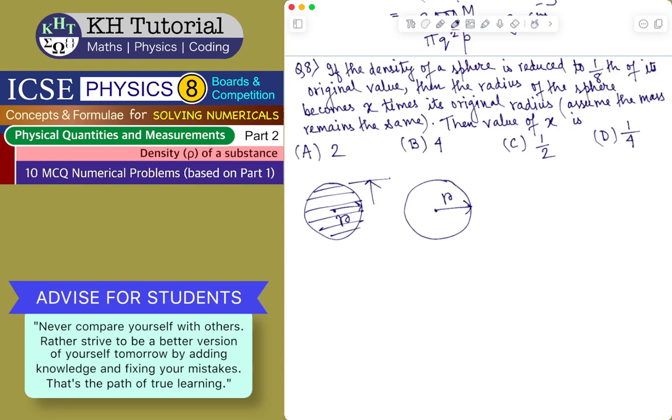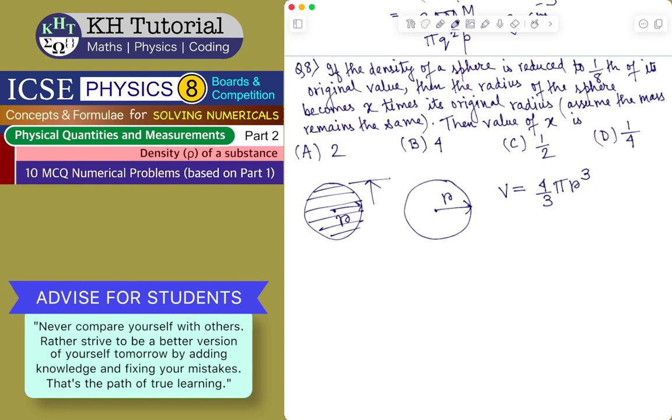It is 4 by 3 pi r cube. So the volume, let's say the original radius of the sphere was small r, will be 4 by 3 pi r cube. Remember the mass, and it is saying that when the density is reduced to 1/8 of its original value.